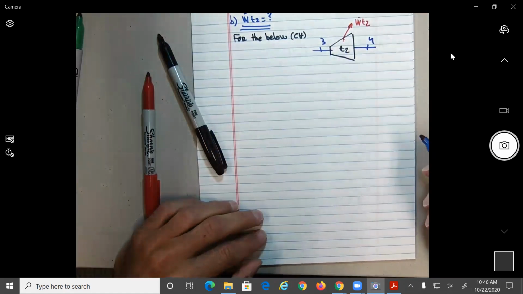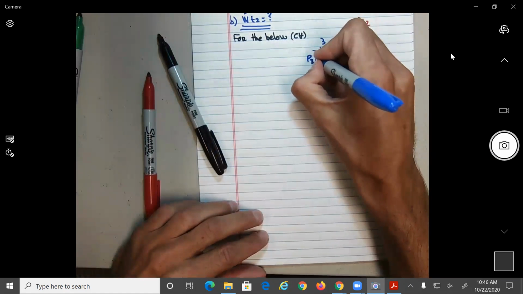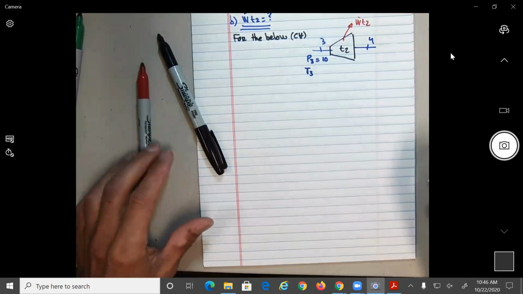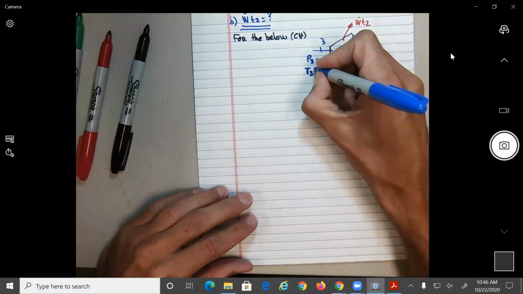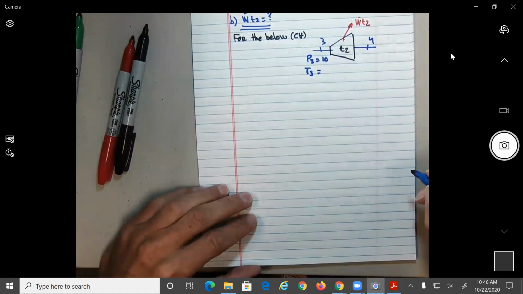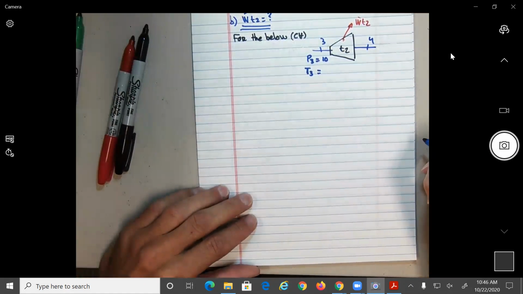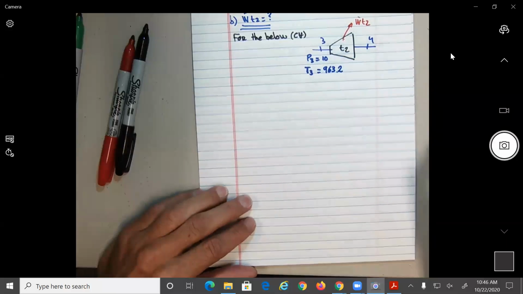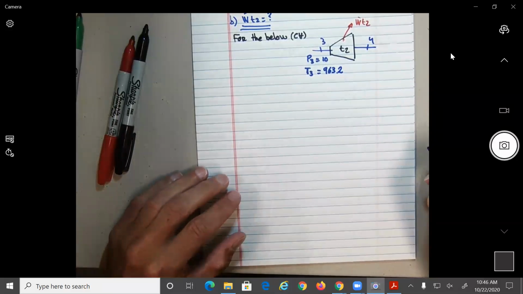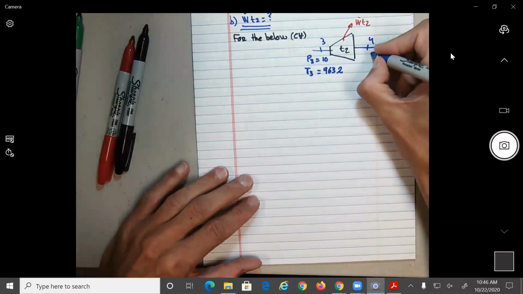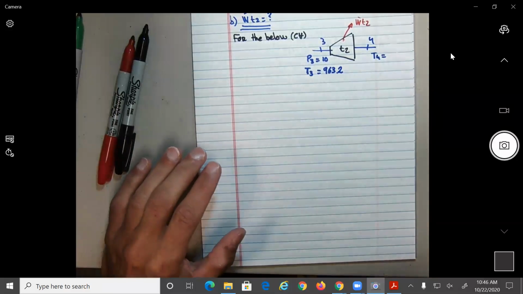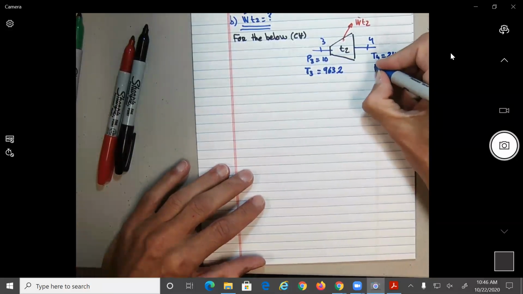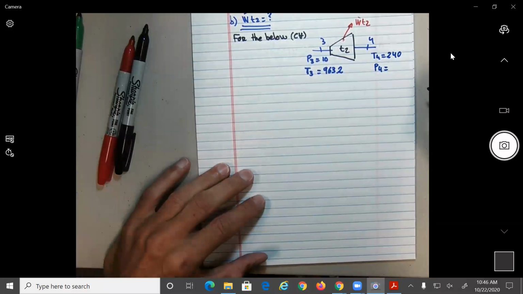We know P3 is equal to 10. No, wait, we're going to have to interpolate again to find the H. T3 is equal to what we just found, 963.2. All right, and what else do we know? T4 is 240, and P4 is 1 bar.